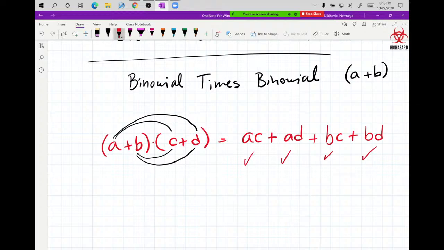So you can think about distributing an exam to every student. So student C and student D got the exam. And then maybe I have scrap paper, right? So now scrap paper is given to student C and student D. So we distribute everything to all of the members of the second parenthesis.